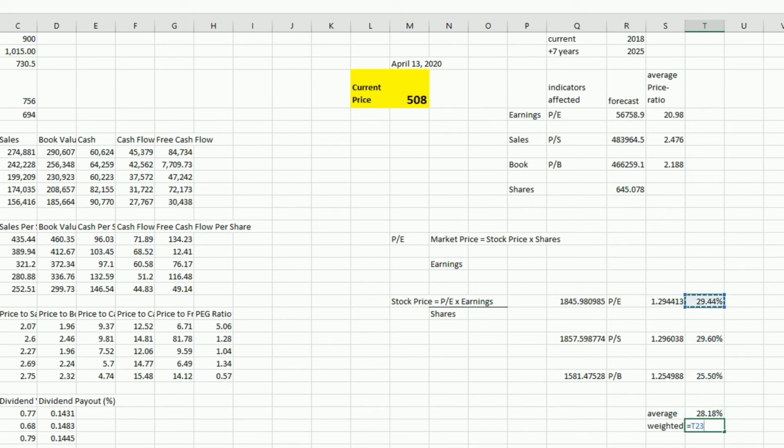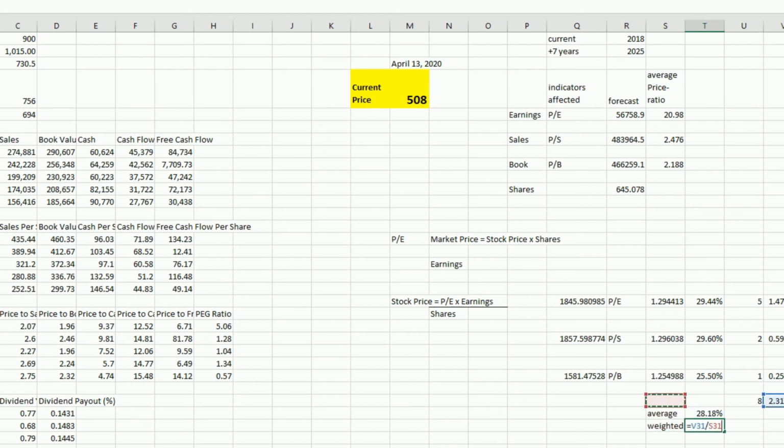For example, price earnings has 5 weights, this one only 2, and this only 1. Then get the sum and divide.